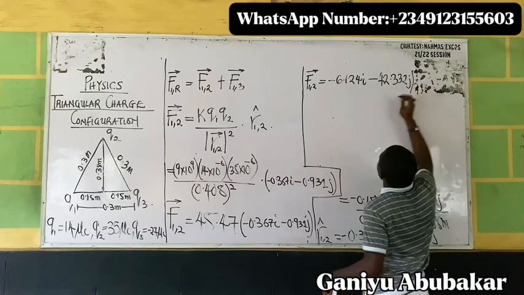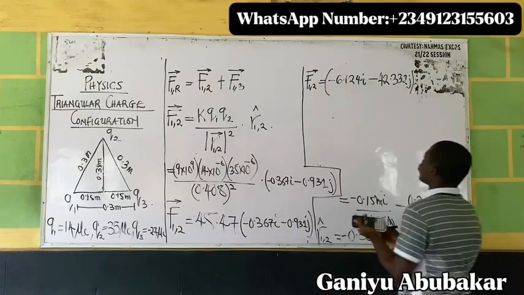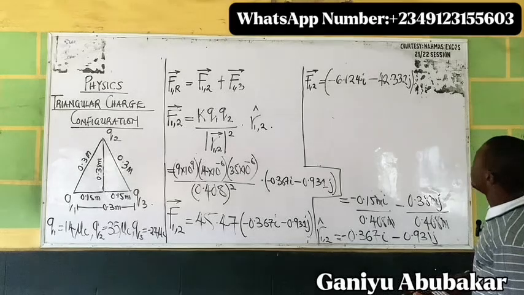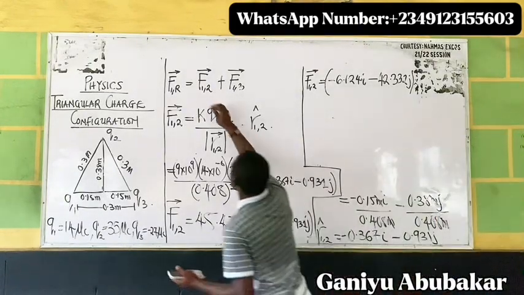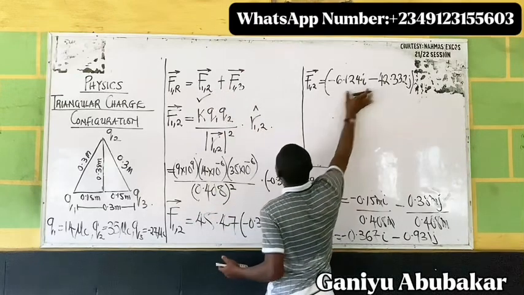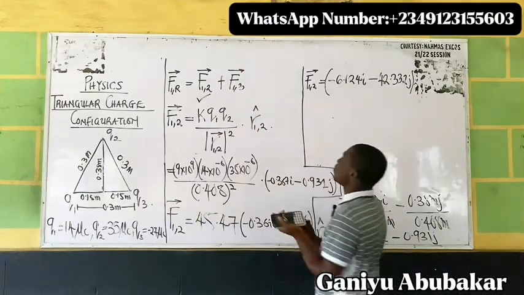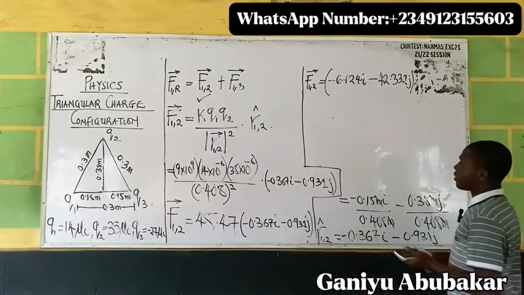So this is the value of F12. Let's get F13 and then add the answers together, and that's all.